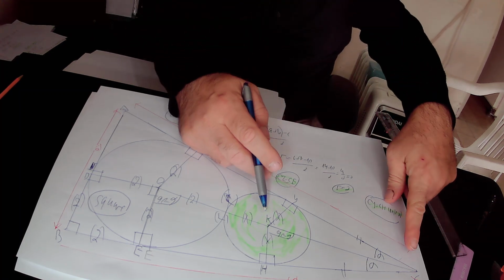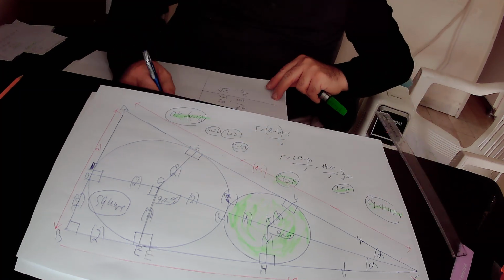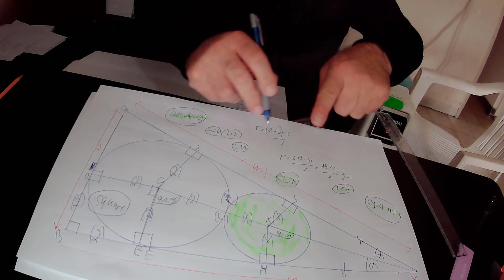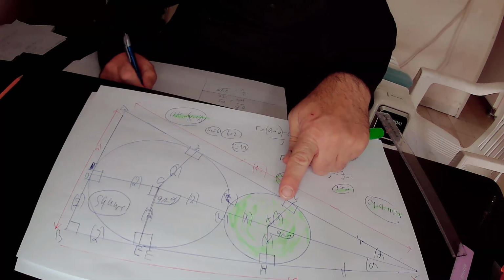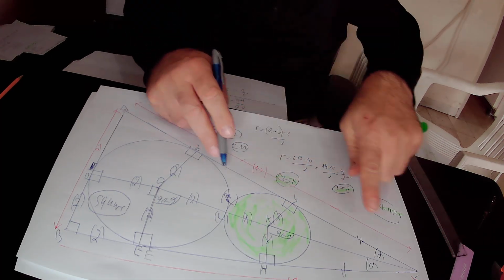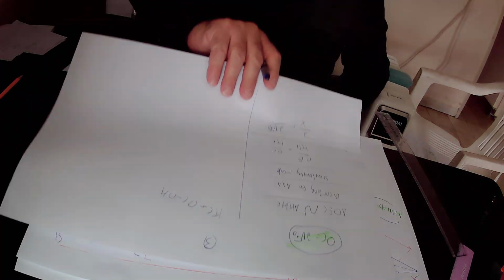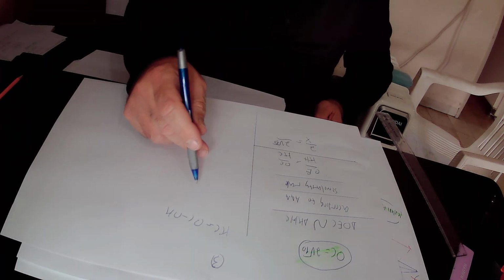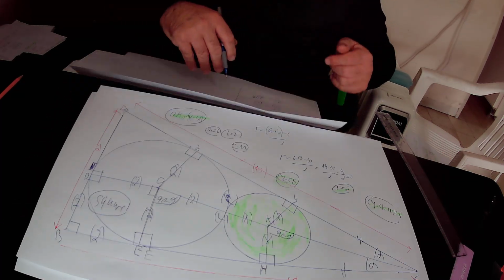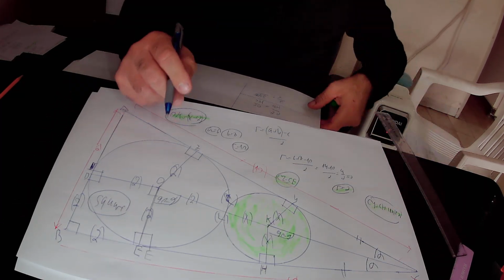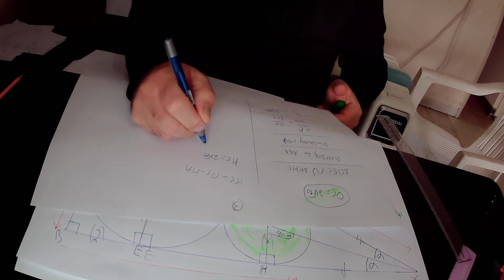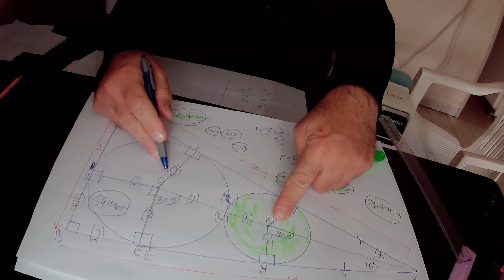So KC is equal to OC minus OK. OC is 2 times root of 10, minus OK.